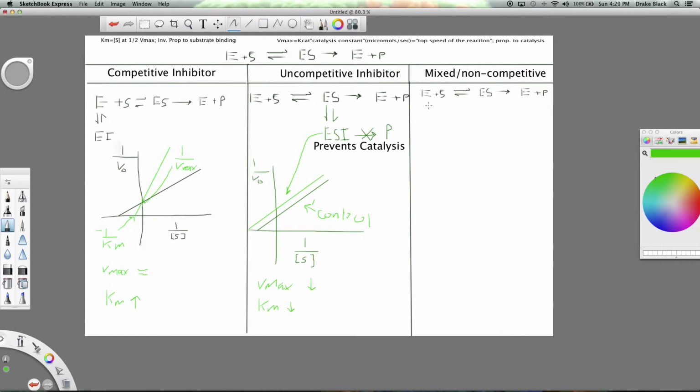You see how there was only one binding site before? With mixed non-competitive, something binds here to create an enzyme inhibitor complex, or it's going to bind to the enzyme substrate complex and create an enzyme substrate inhibitor complex.